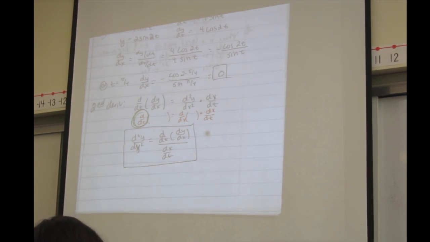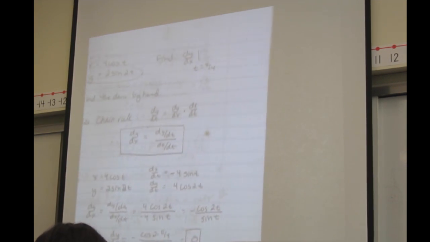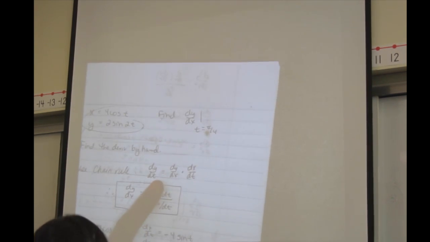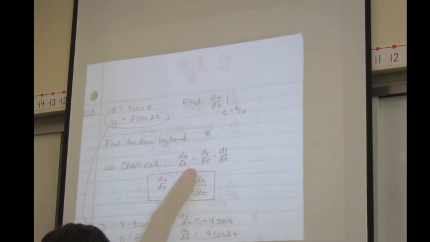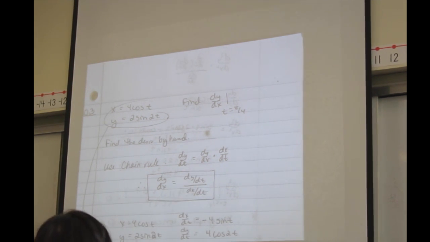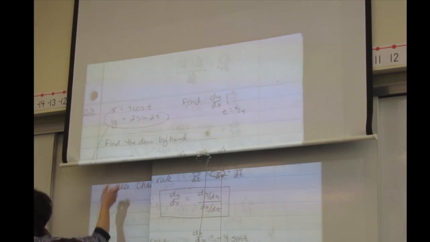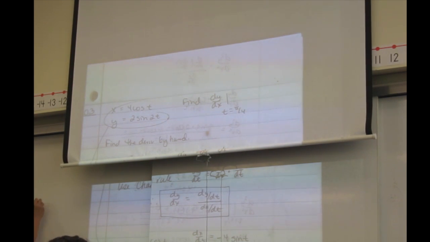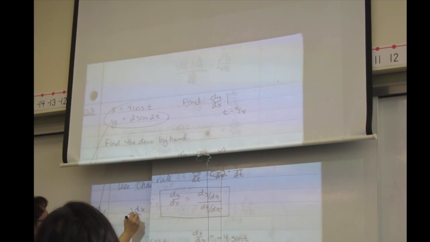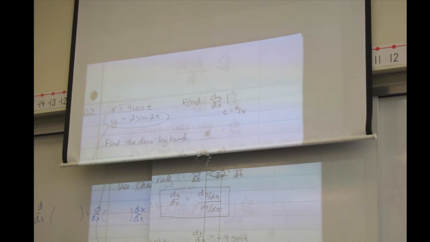When you go back to the original chain rule for the first derivative, why is it dy dt? Yeah, this one's different. I don't know if I'd expect you to come up with this on your own. But why? How come for this one it's dy dt instead of d dt? Well, you could do the same thing. I can do exactly the same thing. d dt is the same as d dx times dx dt, right?